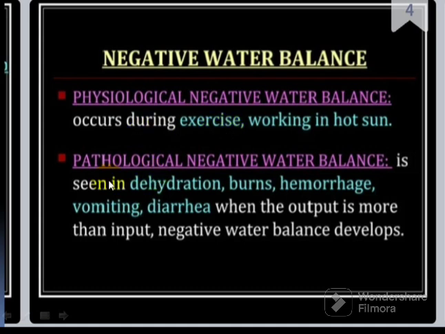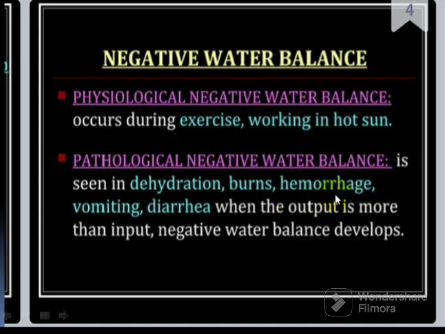Burns. That is when someone is burnt by fire. Okay, burns. Hemorrhage is another thing that can lead to negative water balance.